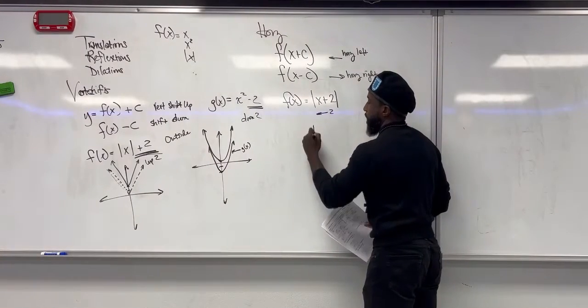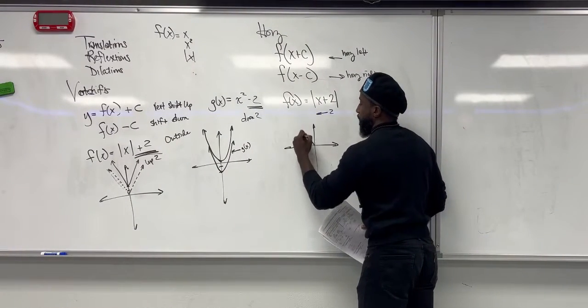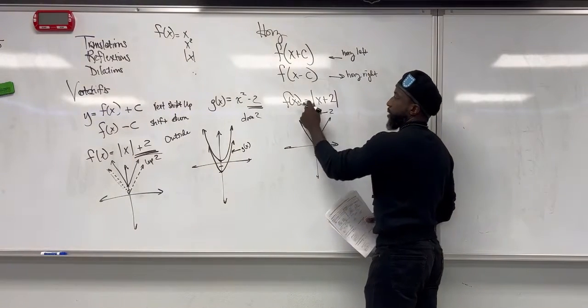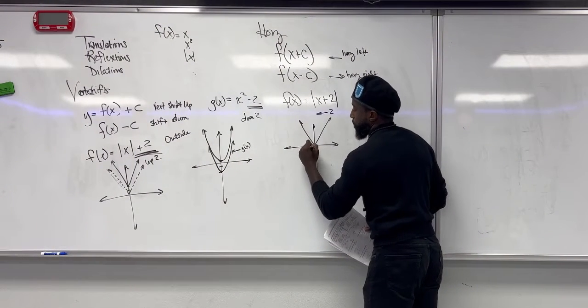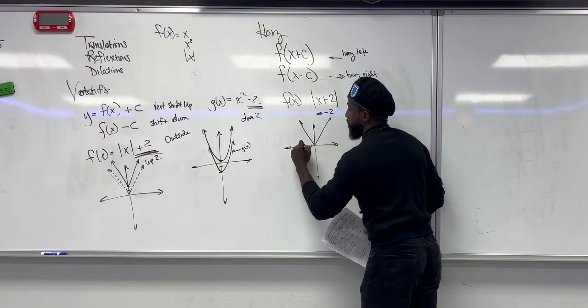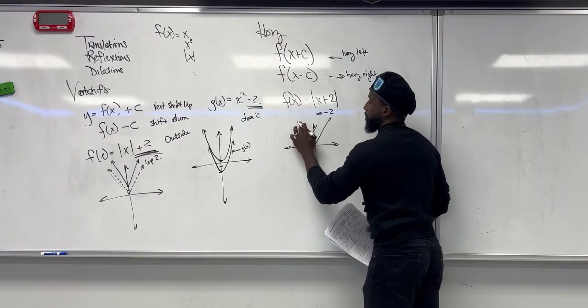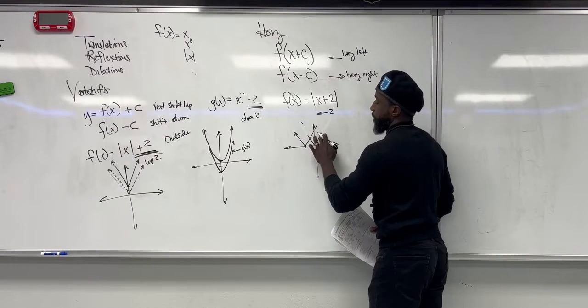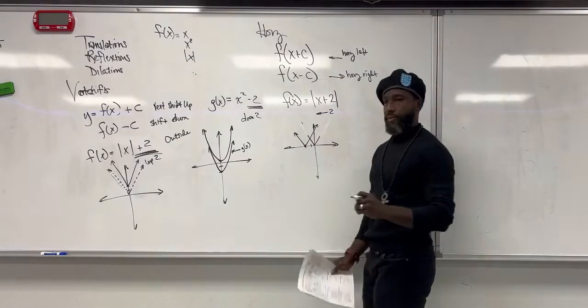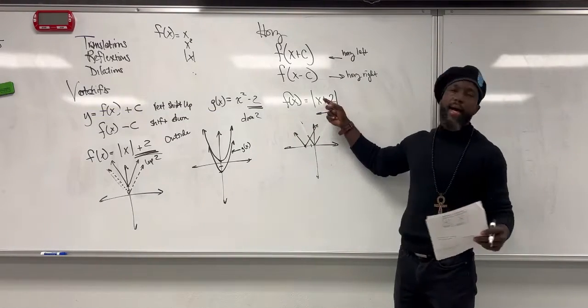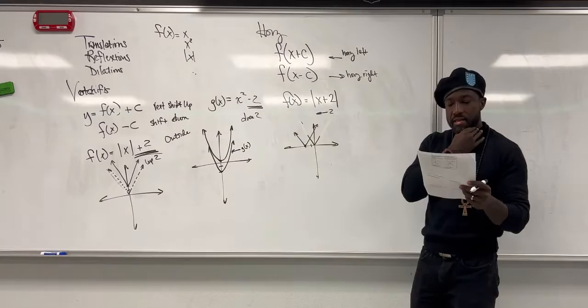So whereas the parent function looks like this, the new function is going to look like this. So this is the original function here. This is the new function, okay? And we can tell that by this number.